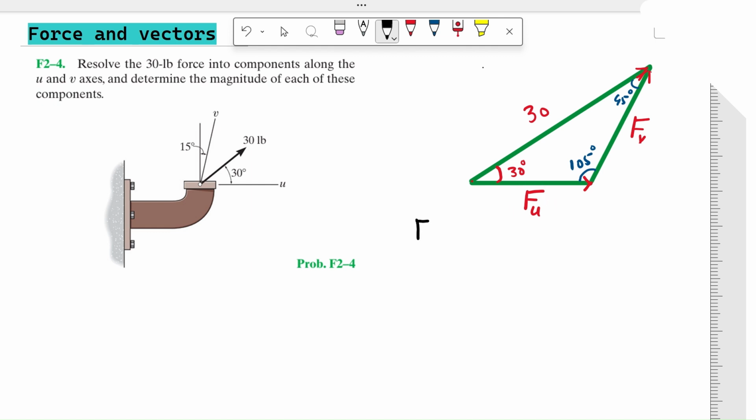So sine law states that force, I need to determine this force, and sine law says that force divided by sine of the opposite angle of this force. So here the opposite angle will be this.